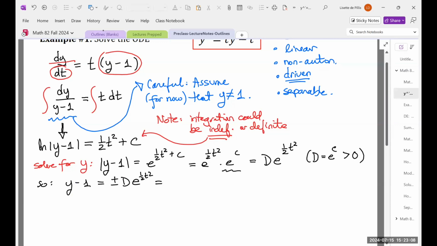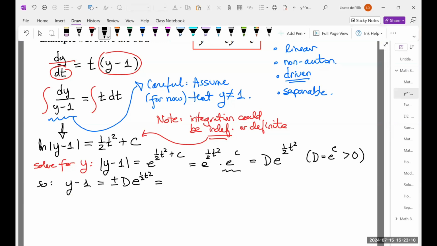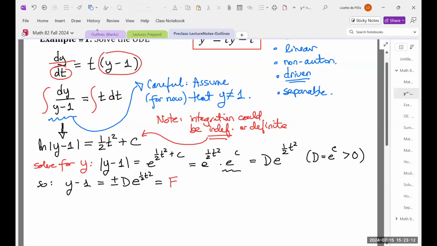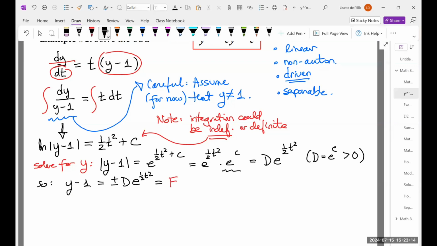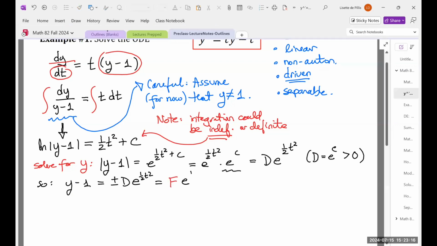So I'm just going to call this, let's give it a new name, f. Let's call that f, e to the 1/2 t squared, where f is some constant, and it can be either positive or negative. No constraints on it whatsoever.